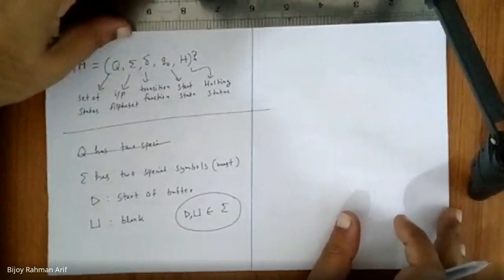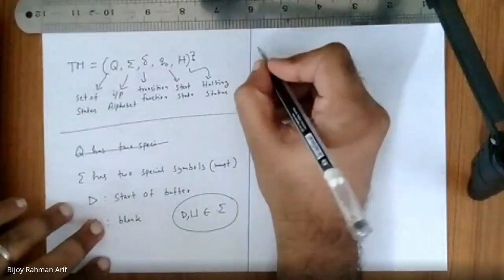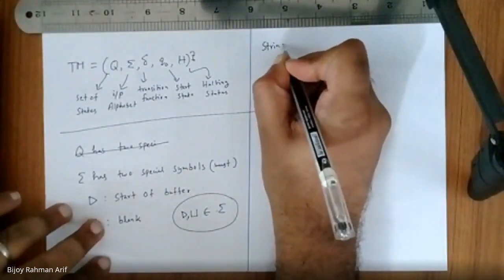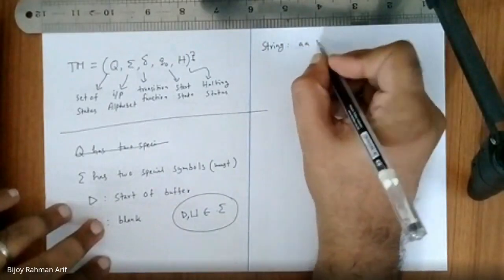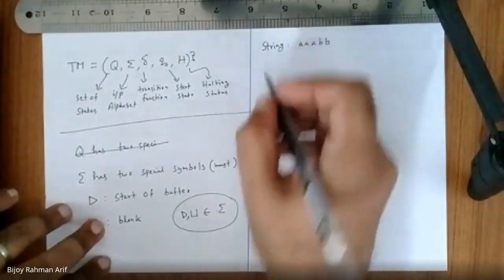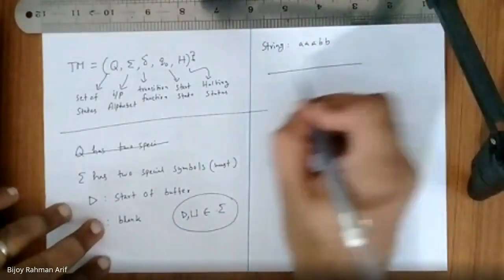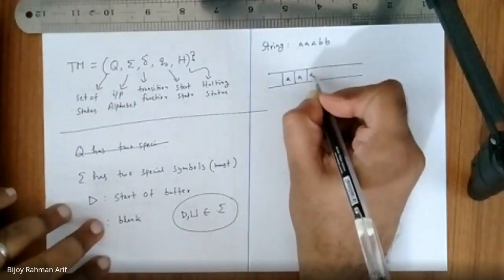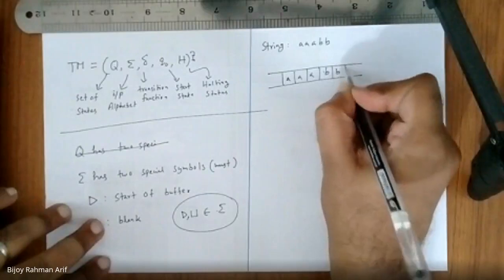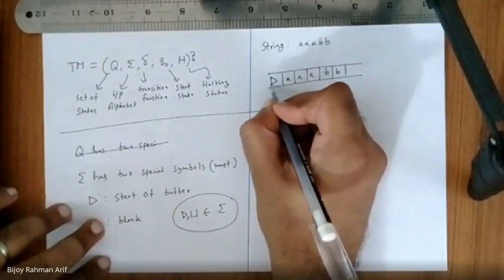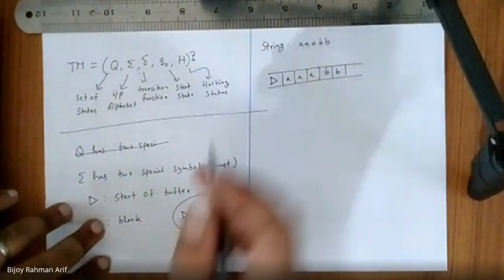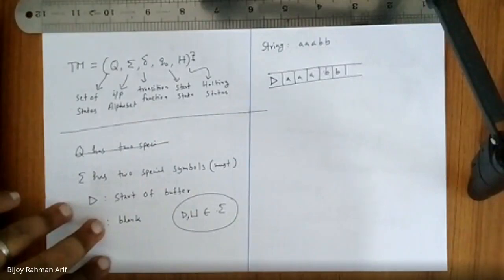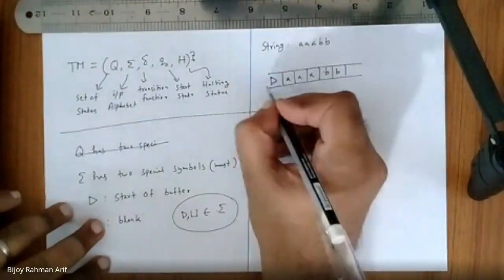Now, what is the start-up buffer? Let's assume I have a string like this: A, A, A, B, B. It should be stored in a buffer. At the very beginning of the buffer, there should be a triangle. This is called the start symbol.